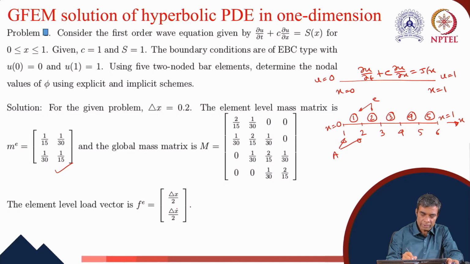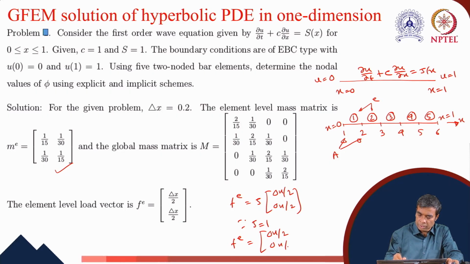And we also know that for the value of s equals to 1, the load vector per element per node is delta x by 2. So Fe equals to s into delta x by 2, delta x by 2. Since our s is 1 unit, we are getting Fe equals to half of the mesh size for every element.